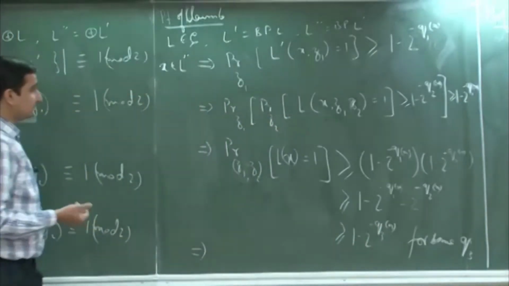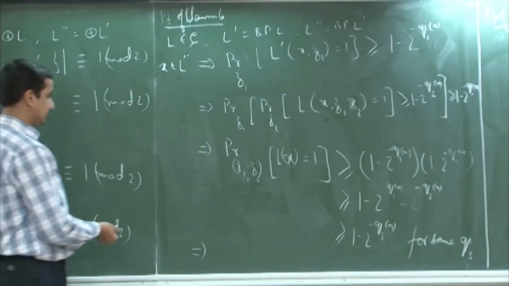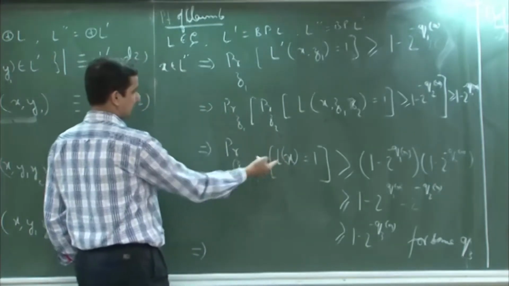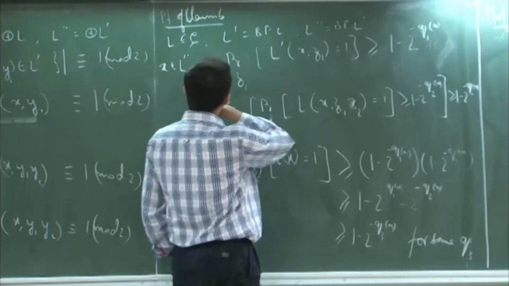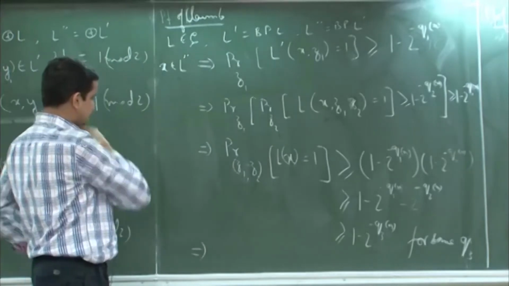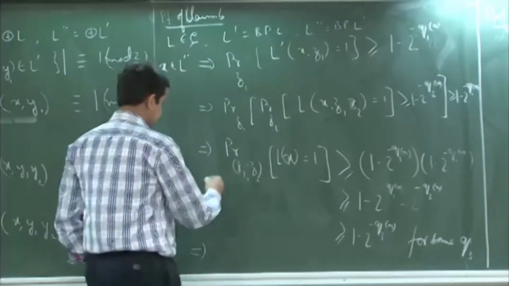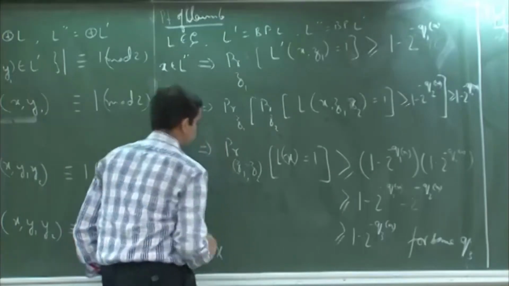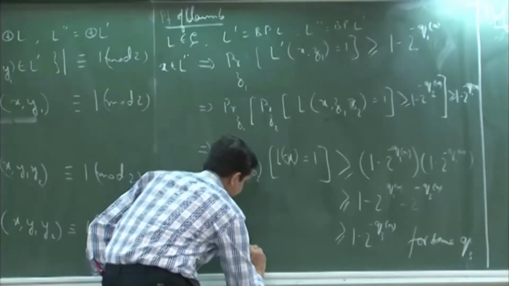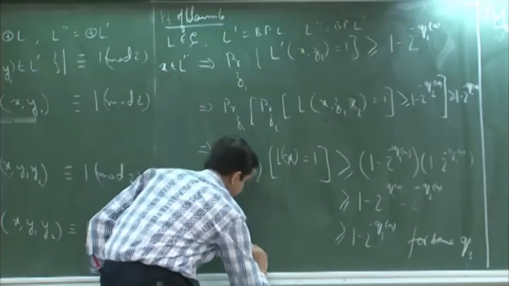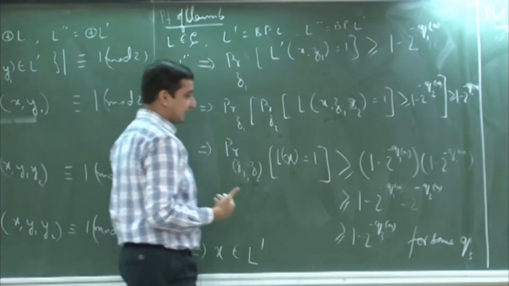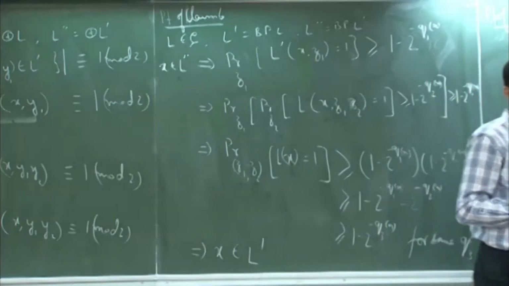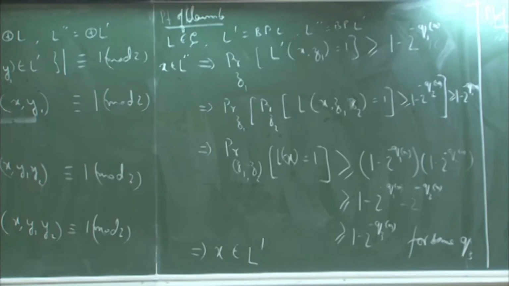If I write down the definition of BP dot C, where I had picked x from my language L, which was my language in C, this means that x belongs to L prime, because that is the definition of BP dot L. It is the set of those strings for which I have a large fraction of random strings which are positive evidences. And the same with parity also.